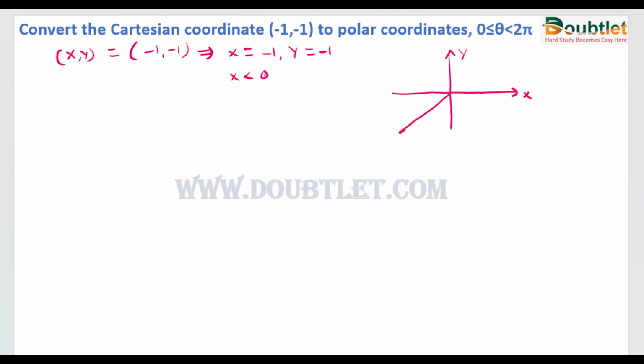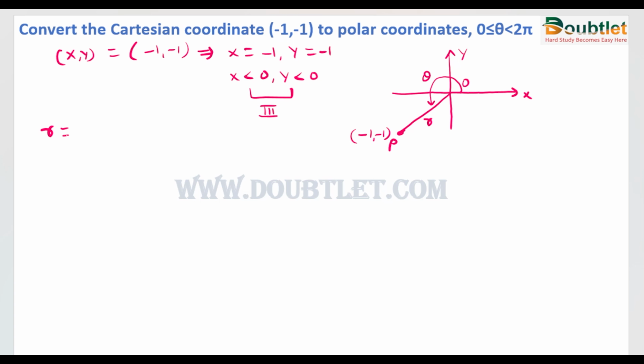So from here we can write this as x is less than 0 and y is less than 0. Since this condition is met only in the third quadrant, here we have drawn this point. So this point is P, this point is O. So this is distance r, and if we draw this angle, this is angle theta. So this is the polar angle and this is the polar radius. So this is -1 comma -1.